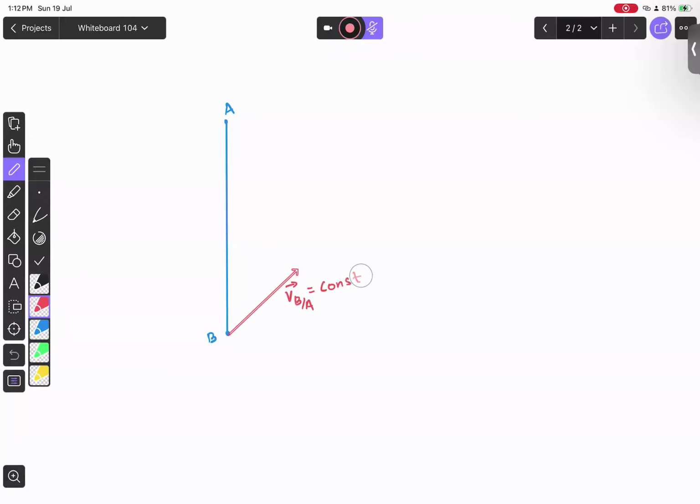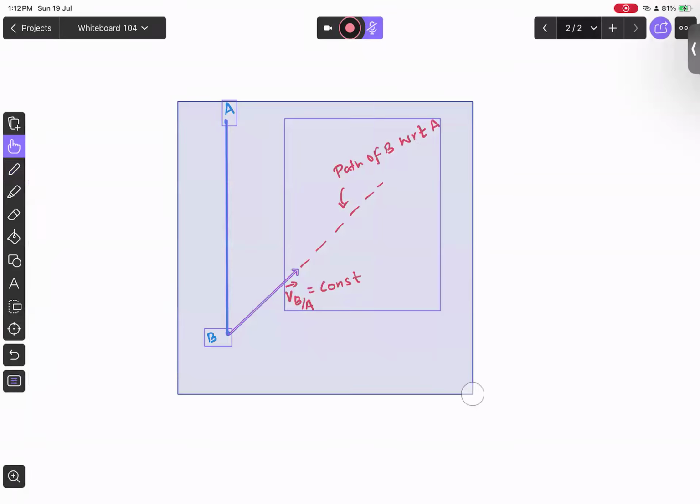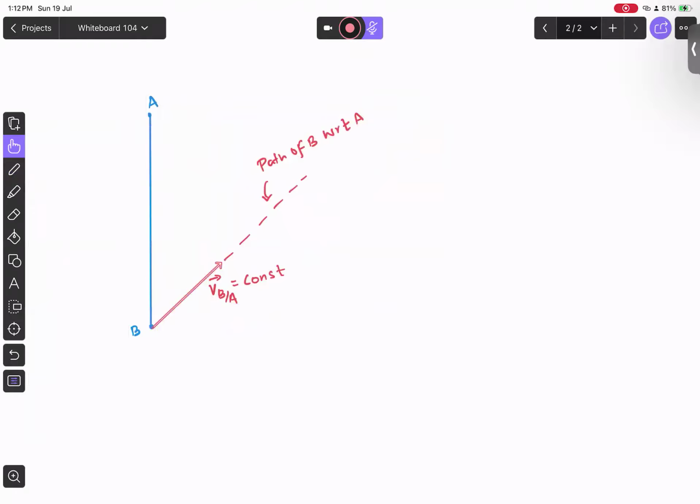It means if I sit in the frame of A, I will find B moving along this red line, correct? So this is the path of B with respect to A, meaning whatever path B is seen having if I observe it from the moving frame of A. That can be one situation.